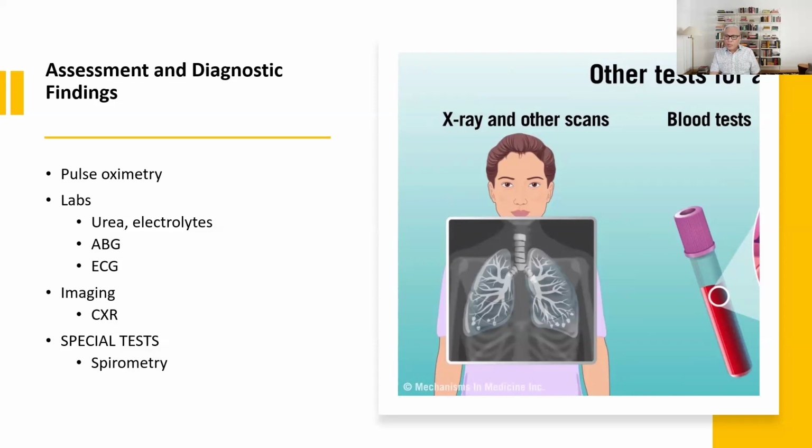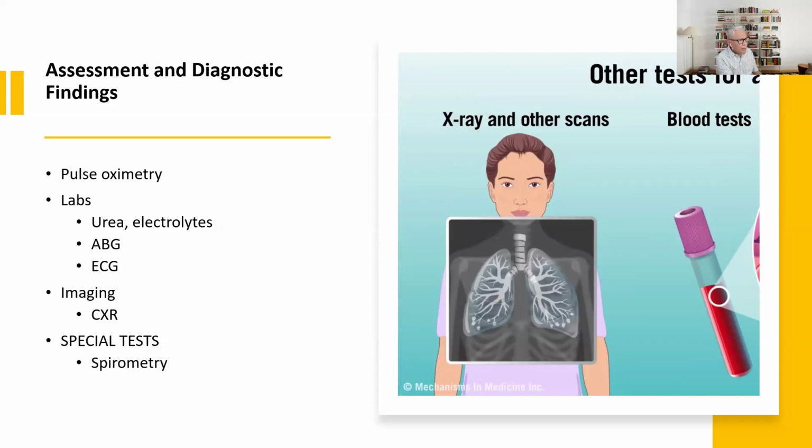Your urea and electrolytes are obviously not going to detect asthma itself, but they will determine if there are side effects caused by the drugs that are usually given to these patients.